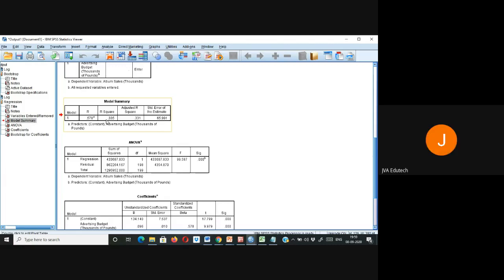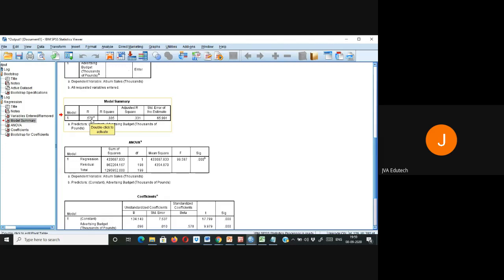Coefficient. This will tell you that 33.5% of the variance is explained. This table also shows the coefficient. Here you are getting two values, R and R square.